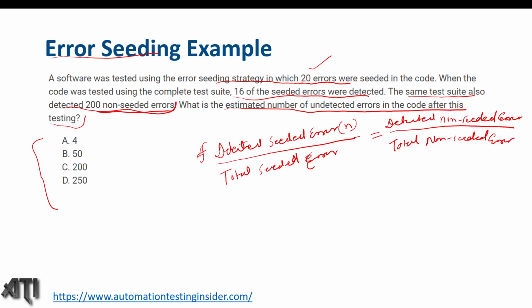So this is the formula, guys. This is n, this is small r, and this is capital R.